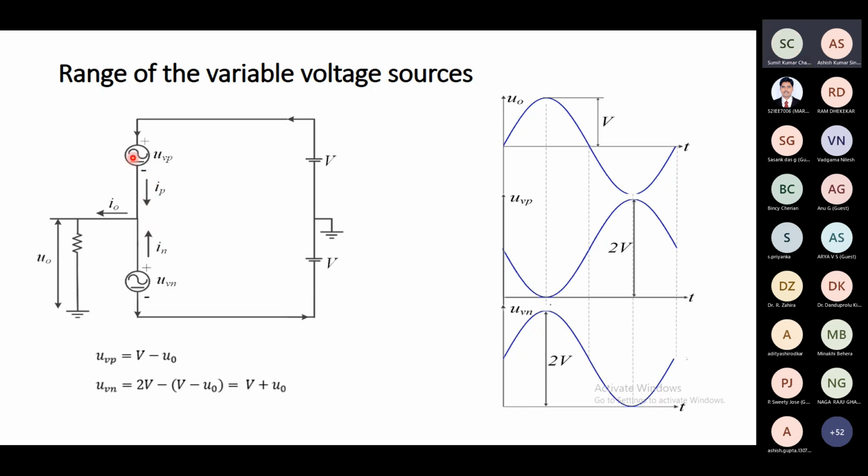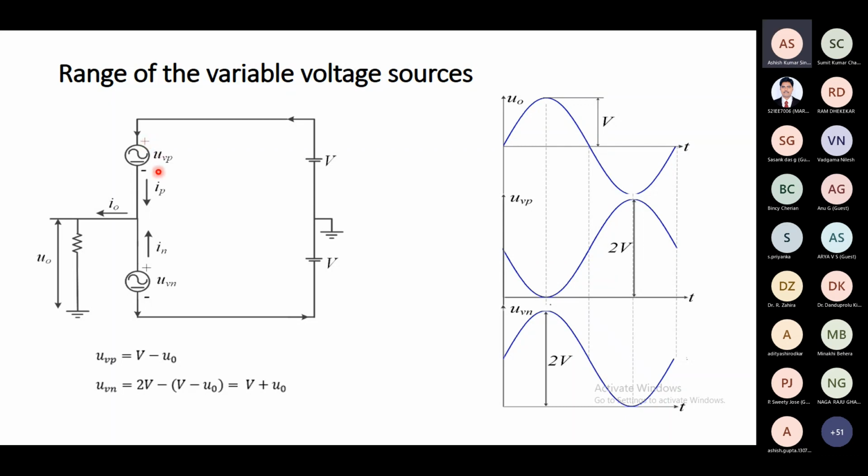Now consider the polarity of UVP and UVN. When the current is outwards, instantaneously, with this magnitude and this direction of IP, what will happen to UVP? It will charge or discharge. With this direction of current, notice the polarity of UVP. It will charge or discharge?